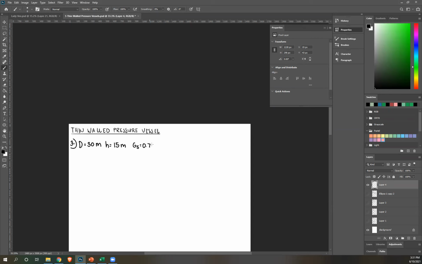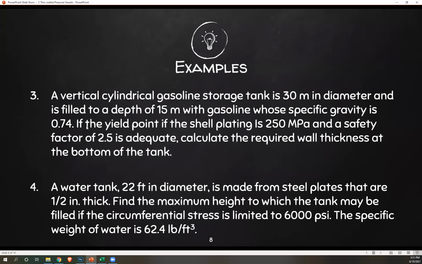That's the symbol for specific gravity, G sub S, in case you haven't encountered that yet. And then yield point of the shell plating is 250. Yield point should have been discussed to you in mechanics as well. But yield point is the point where your material starts to deform and it doesn't return to its original shape.